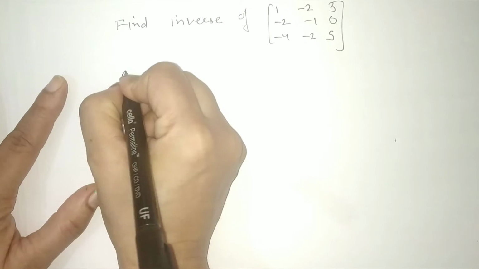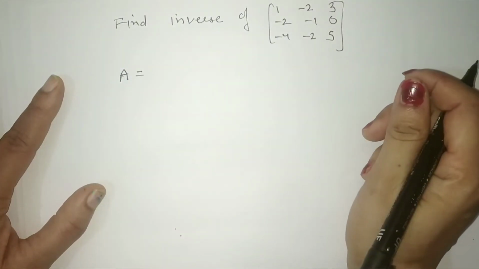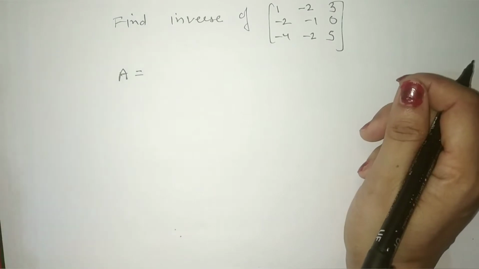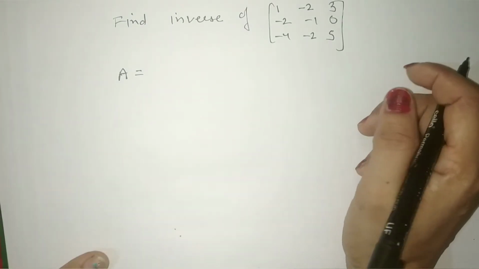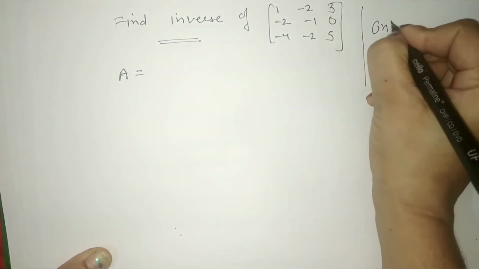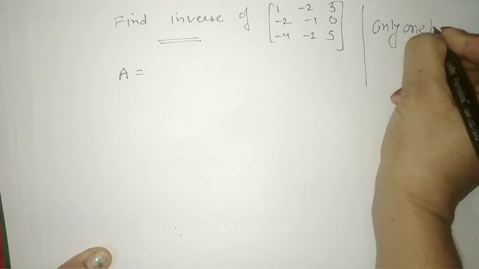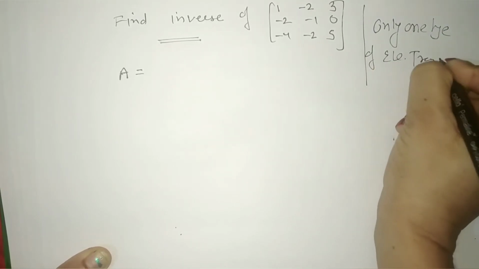First of all, you have to decide what transformation you are going to use, because we have a choice of two. That means we can either use row operations or column operations. Keep in mind, while finding the inverse, we can use only one type of elementary transformation.